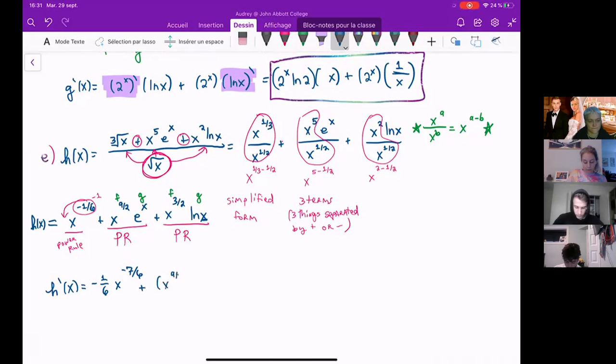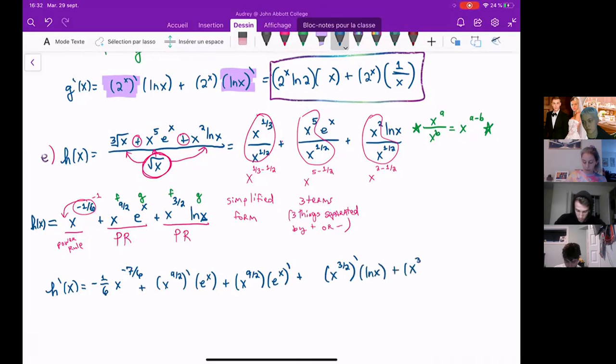The derivative of the first times the second, plus the first times the derivative of the second, plus the derivative of the first times the second, plus the first times the derivative of the second.